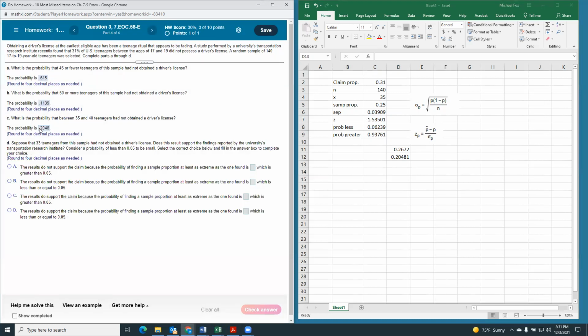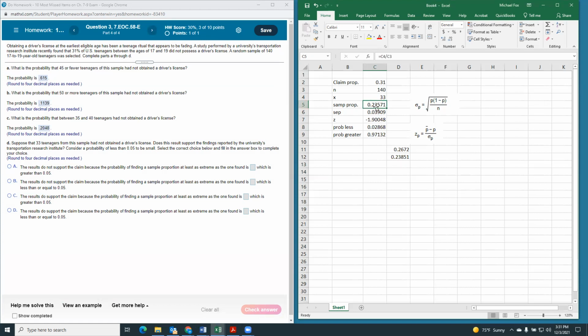All right. So suppose 33 teenagers from the sample had not obtained driver's licenses. So we do it, we actually get 33. Does this result support the findings?